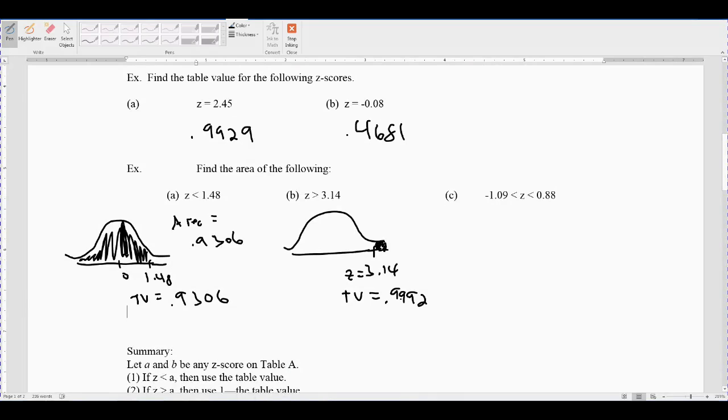But keep in mind that this 0.9992 is the area to the left, so it represents all this area.